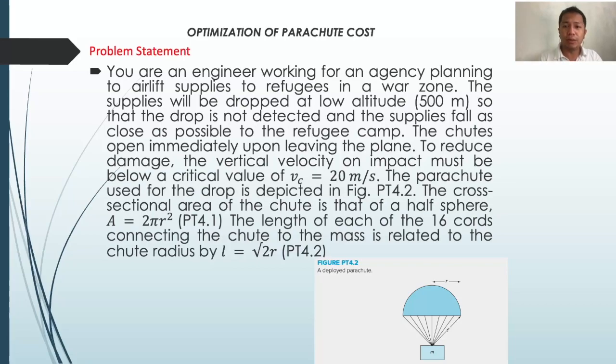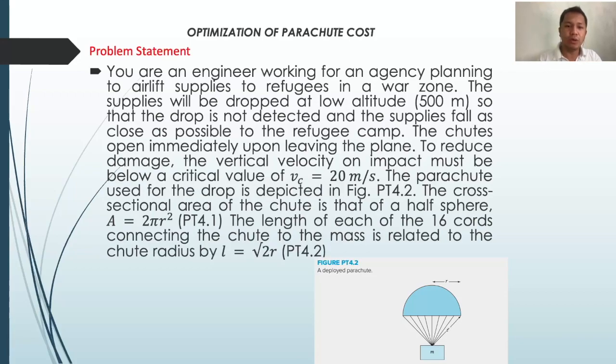The supplies will be dropped at low altitude, around 500 meters, so that the drop is not detected and the supplies fall as close as possible to the refugee camp. The chutes open immediately upon leaving the plane. To reduce damage, the vertical velocity on impact must be below a critical value of 20 meters per second.